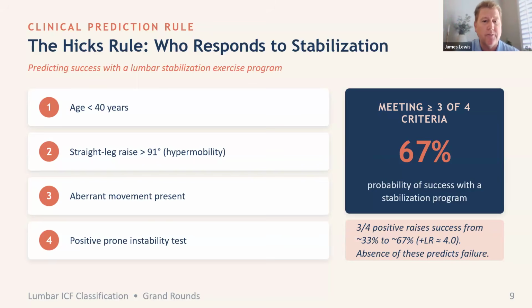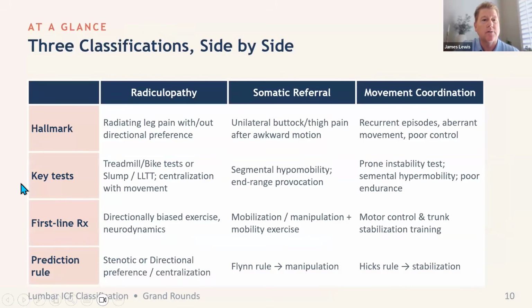And they also then may have a positive prone instability test. And so if we've got at least 3 out of 4 of these, almost 2/3 of the people are going to be successful with a stabilization program. So again, here you've got some evidence behind your decision making and your categorization.